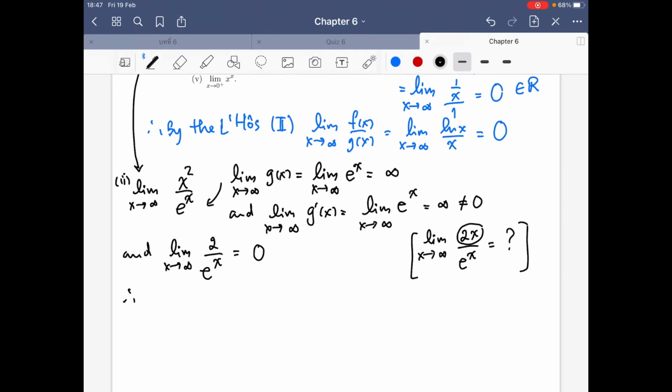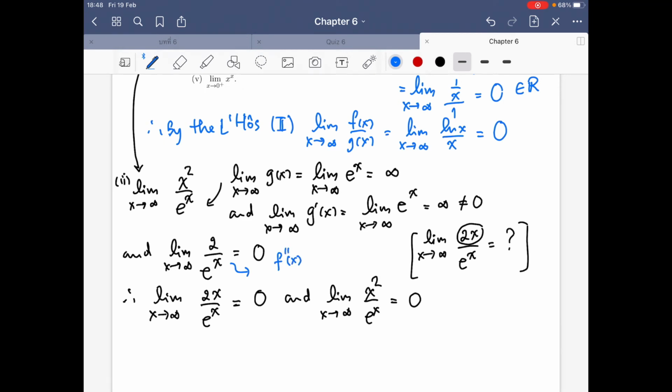So you can immediately conclude that the limit of 2x over e to the x is 0, and the limit as x goes to infinity of x squared over e to the x will also be 0. So this one is actually f'' over g'', this one is actually f' over g', and this one goes back to f(x) over g(x).